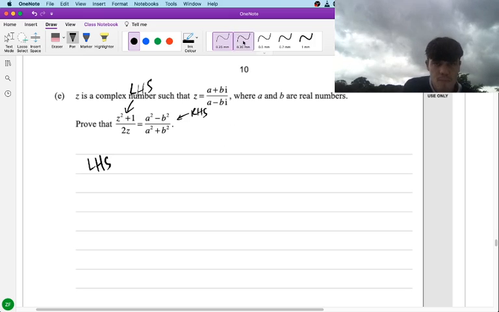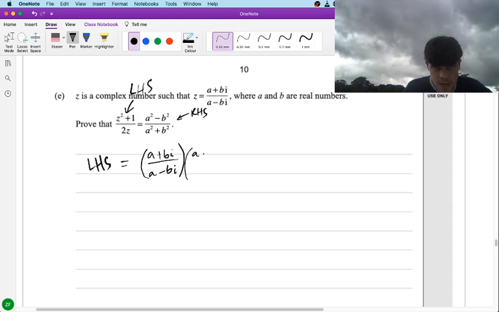Let's just have a go at it. Let's write out Z fully. It's going to be A plus BI over A minus BI. And then over here it's squared, so we're going to do it again. A plus BI over A minus BI.